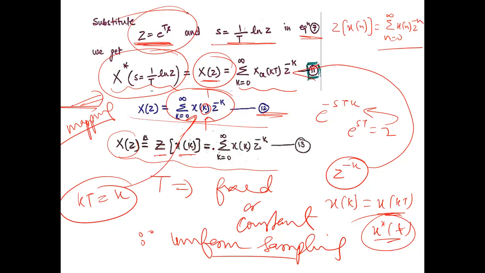So now this is the Z transform. This is how we map any system which is in continuous time, described by the Laplace transform.